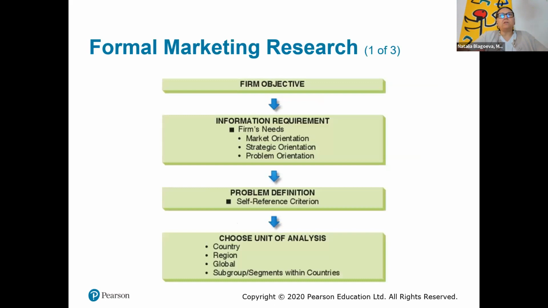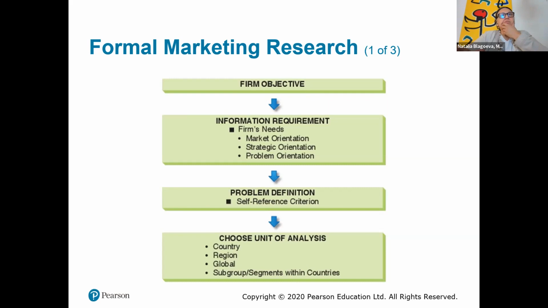So a formal marketing research consists of several different stages. It starts with setting up the firm objectives.